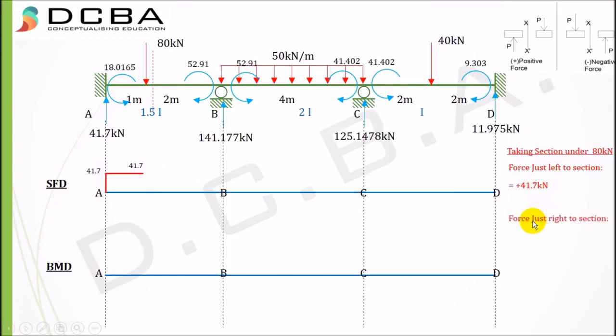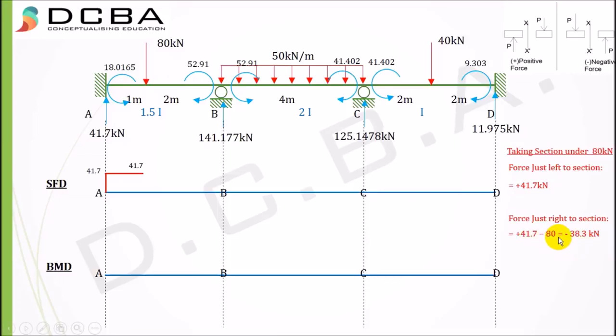Now taking the force just to the right of this section and considering the left part of the beam again, we have plus 41.7, an upward force, and also this 80 kilonewton included within this section. So the equation will be plus 41.7 minus 80, minus because it is a downward force, and any force to the left part of the section going down is considered as negative.